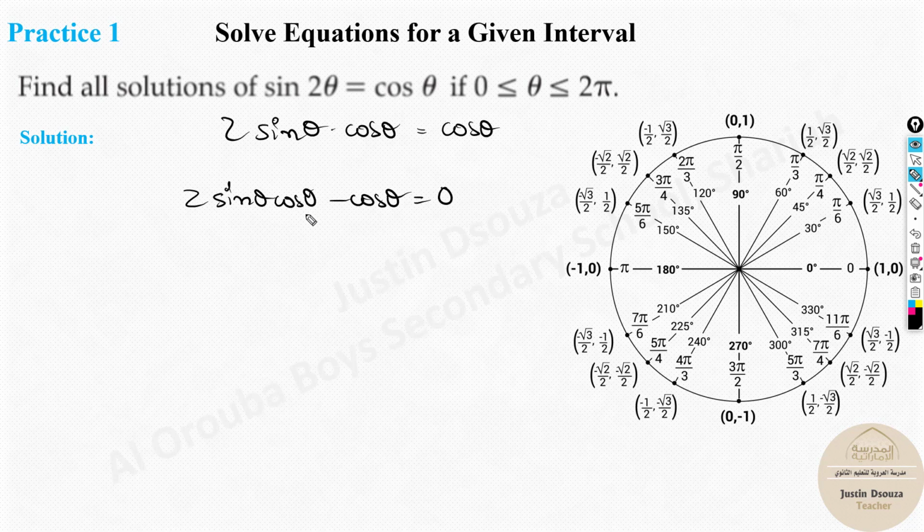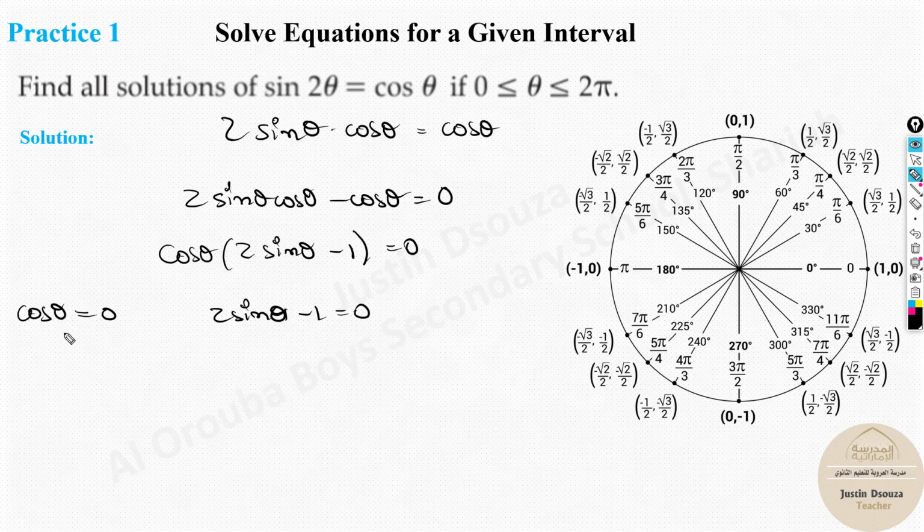Now what you can do is take the cos term common. Cos theta is common, so you will have 2 sine theta minus 1, that is equal to 0. Now you have two solutions over here: cos theta equals 0 and 2 sine theta minus 1 is equal to 0. So we know where cos theta equals 0. It is at 90, and since they have given in pi, we can write in pi later.